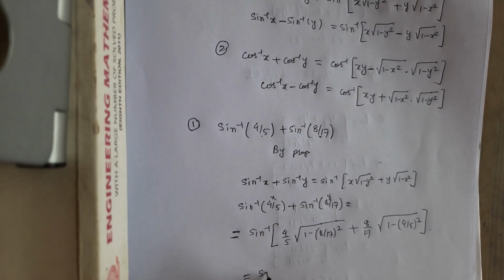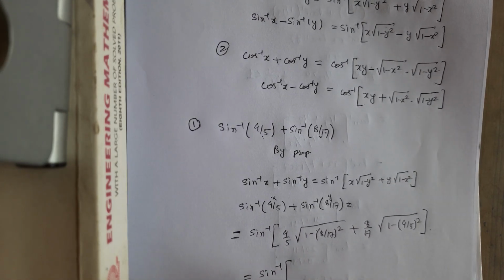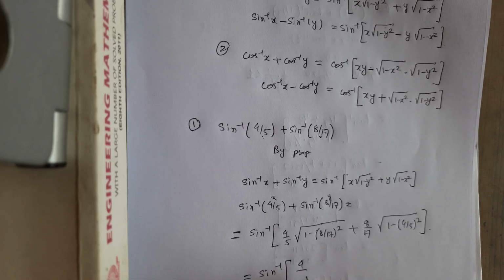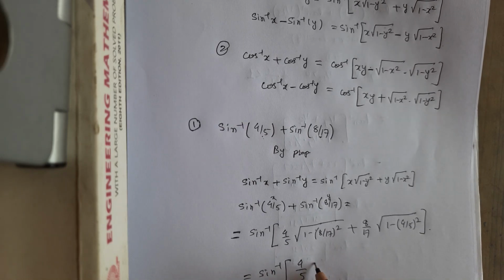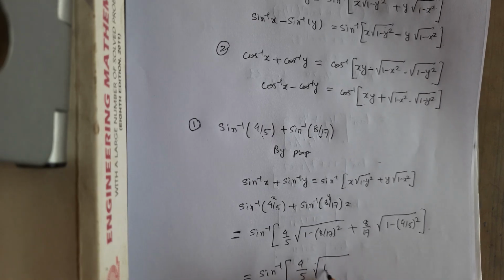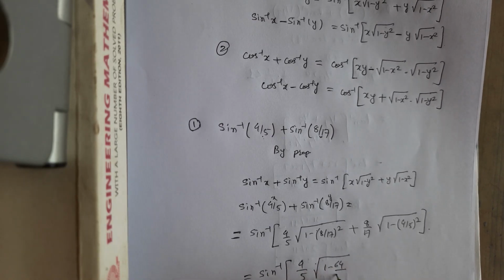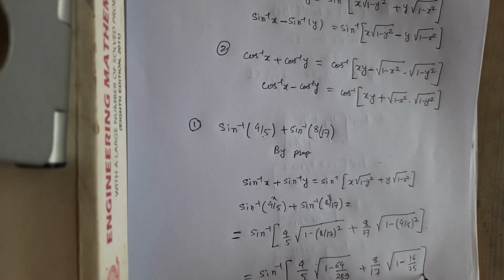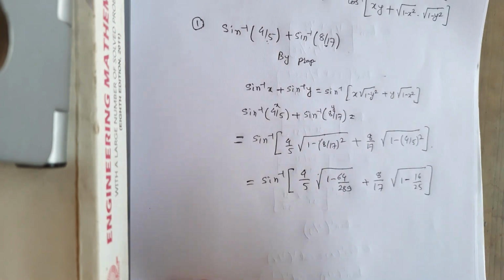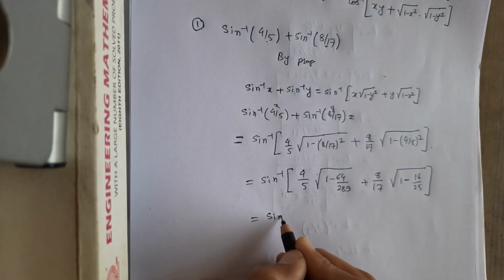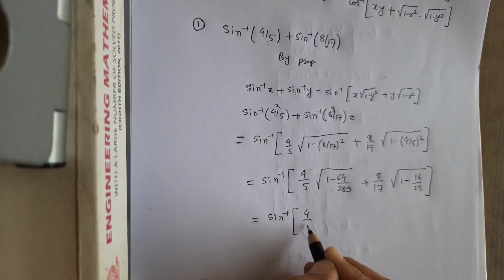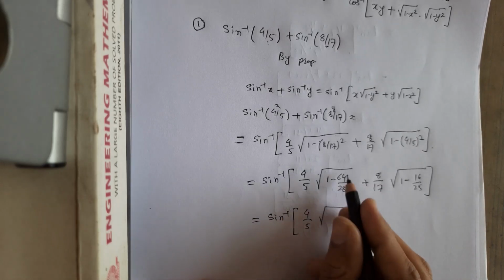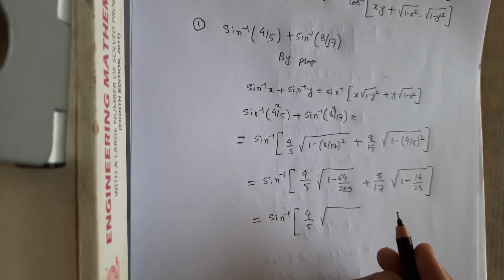So this I get as sine inverse of 4 by 5 into root 1 minus 64 upon 289 plus 8 by 17 into root 1 minus 16 upon 25. Okay, this is equal to sine inverse of 4 by 5 into root, just cross multiply and solve it.